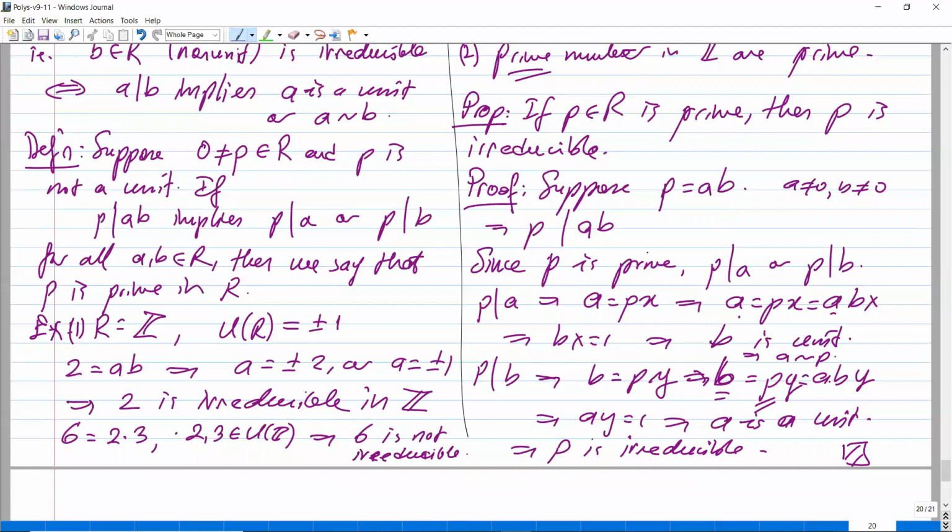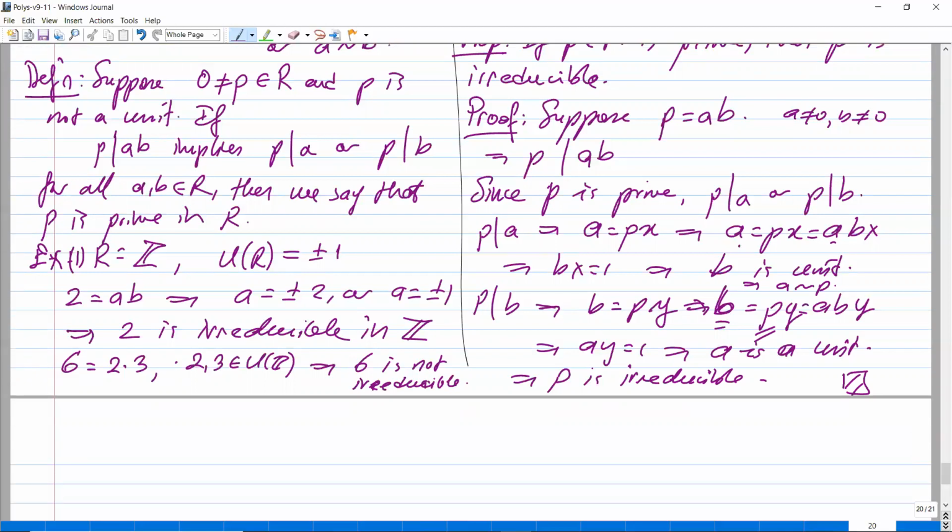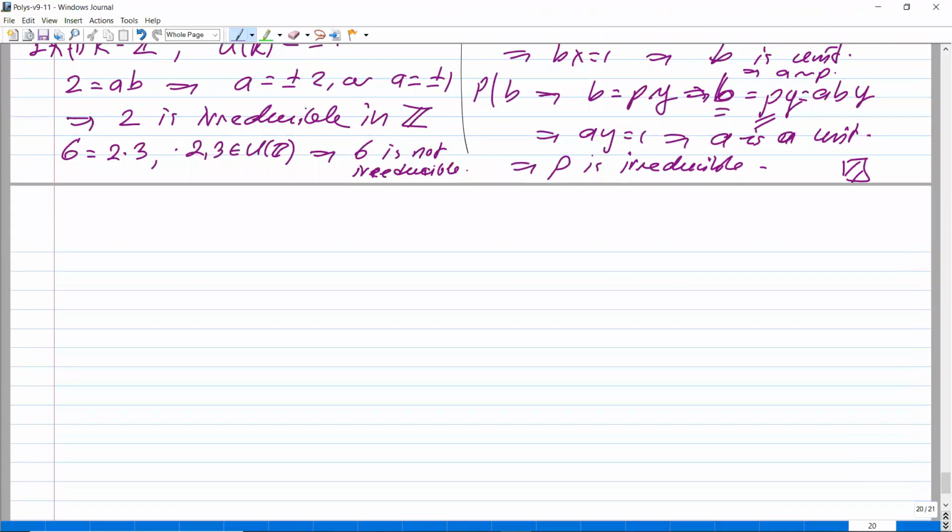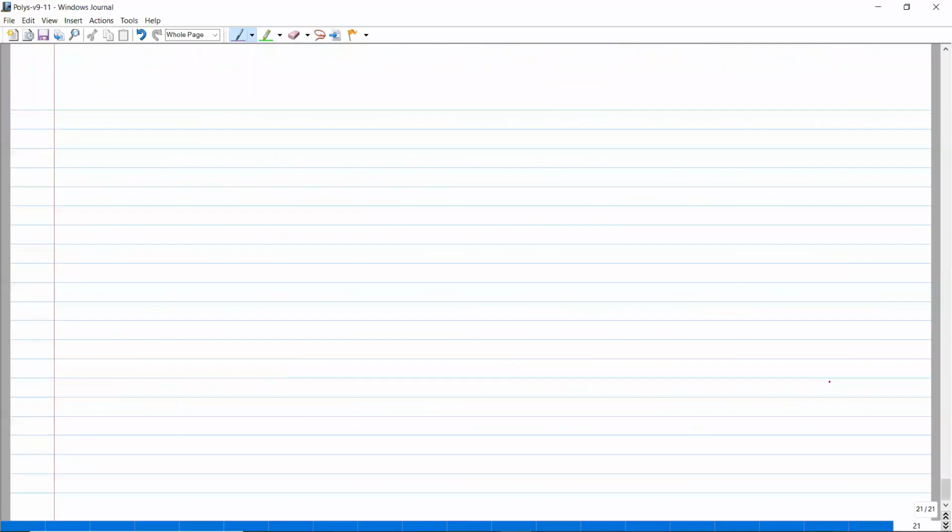So this proposition says, remember, if P is a prime, then it is irreducible. Now the question: is every irreducible element prime? How about the converse?